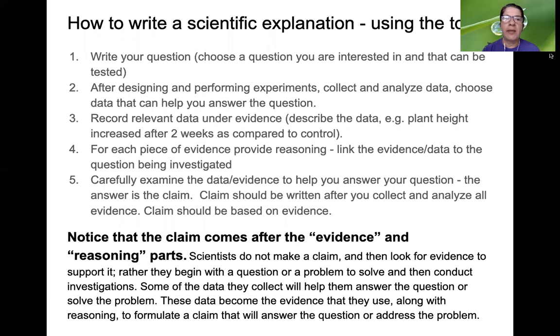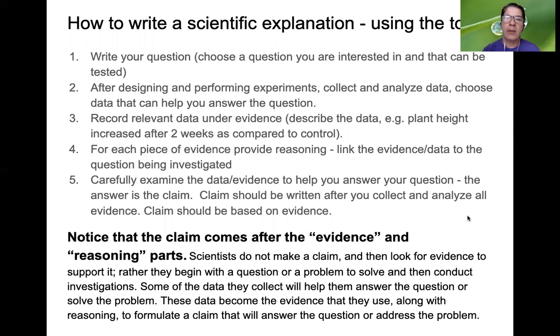Second, you then think about designing and eventually performing experiments to collect and analyze data, and hopefully that data will help you answer the question. So you're going to choose from your data the one that helps you answer the question. You're going to be recording that relevant data under evidence and describing it.